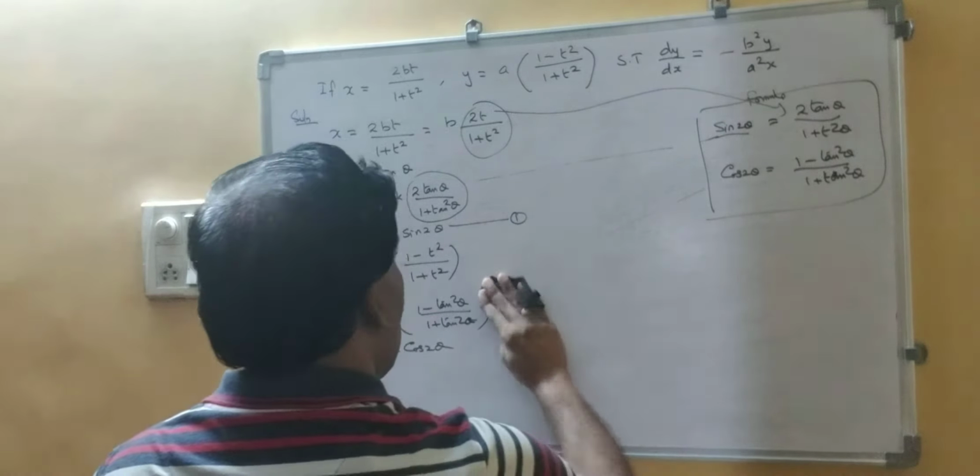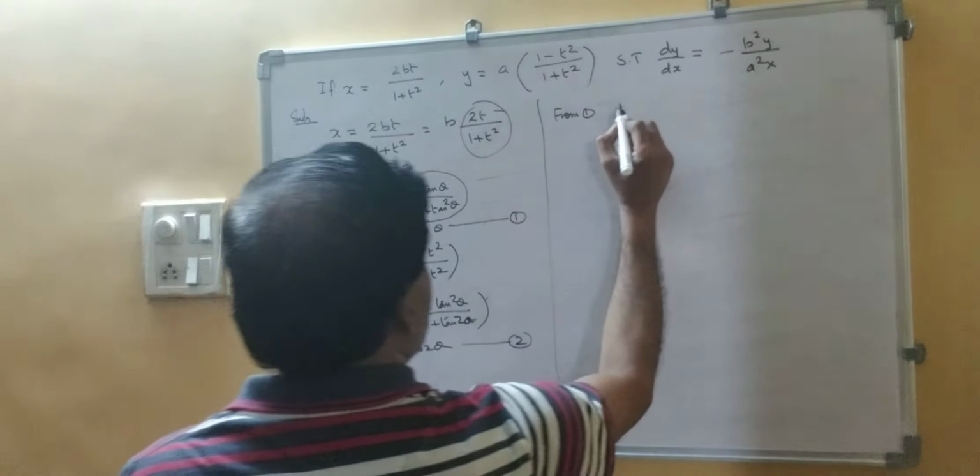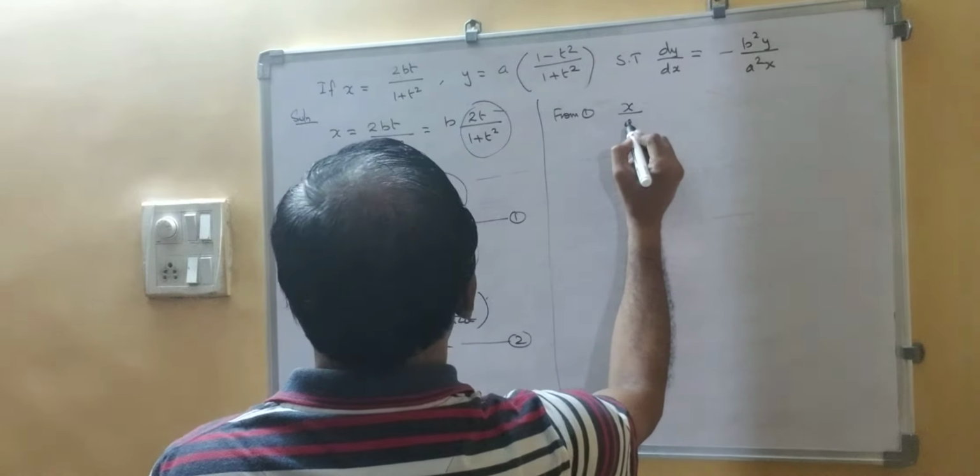Listen very carefully. Now what we want, like this we wanted, right? Now see here, from 1, what is x by b? Sin 2 theta. From 2, what is y upon a?